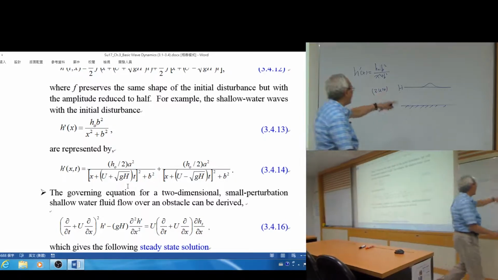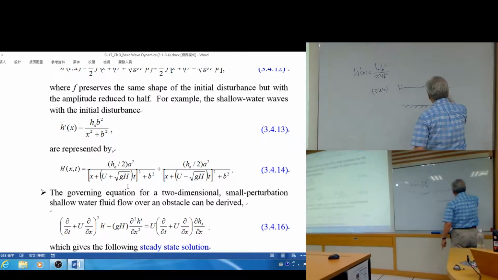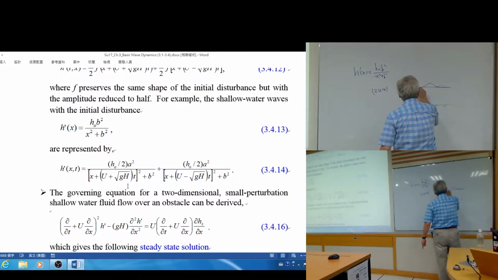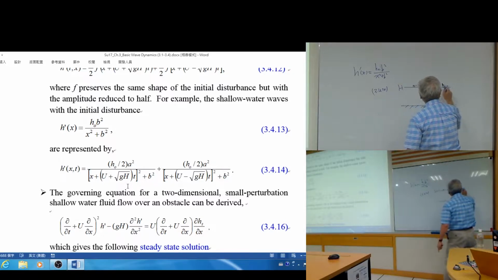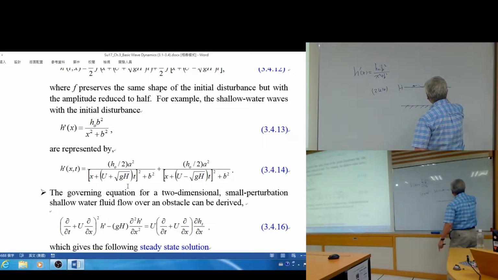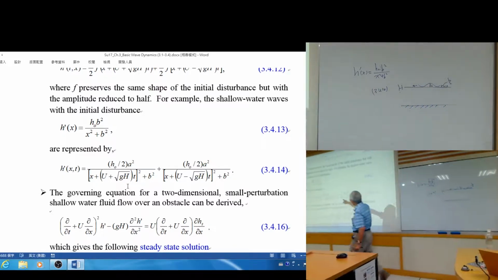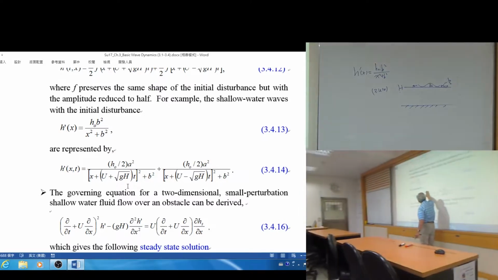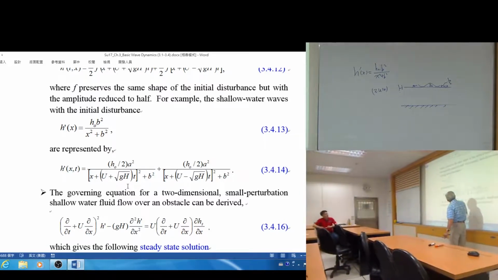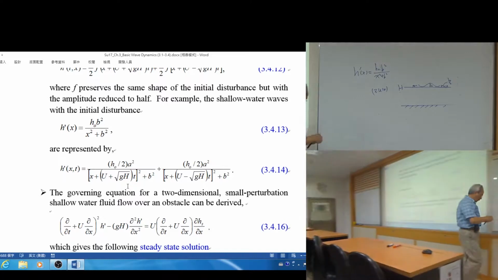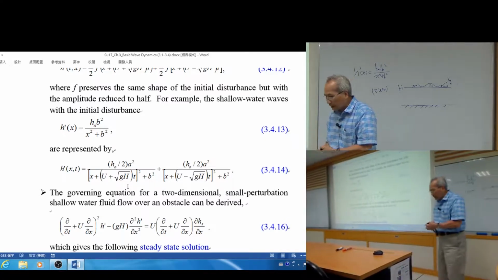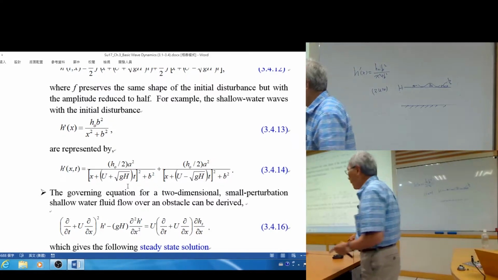So this one will eventually break up into two, one propagating to the right, one to the left. This will be h naught, and this will be h naught divided by 2. That's what this means. I'm not going to spend too much time on that. My focus will be on the mountains.